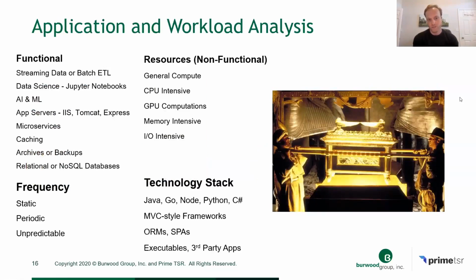You also want to know your frequency: whether you're getting spikes during certain times of the year, whether those spikes are predictable, or whether you're just static throughout. And then, of course, the technology, if you're building a custom application or even running executables designed for certain OSs. You want to have a good feel of all this before you start making your selection.